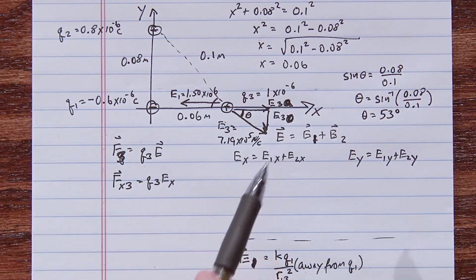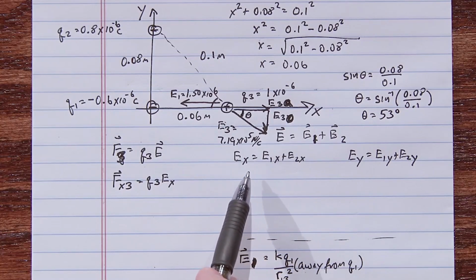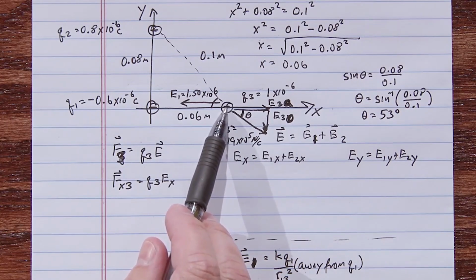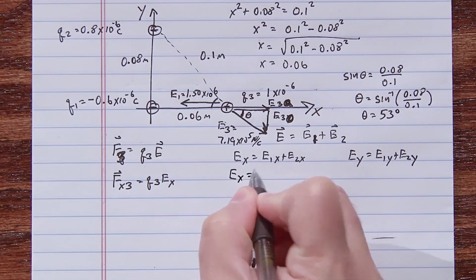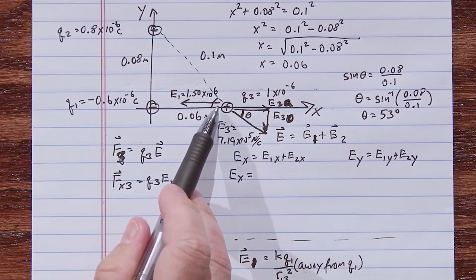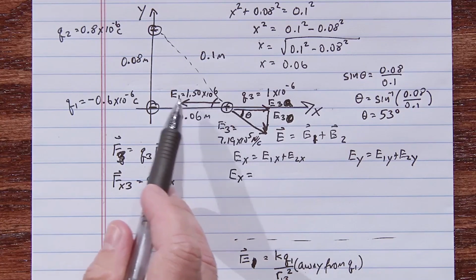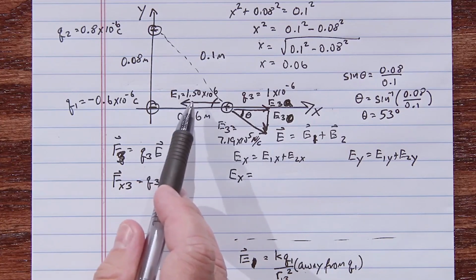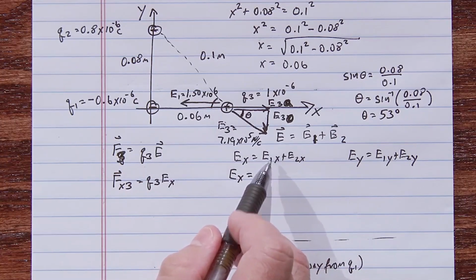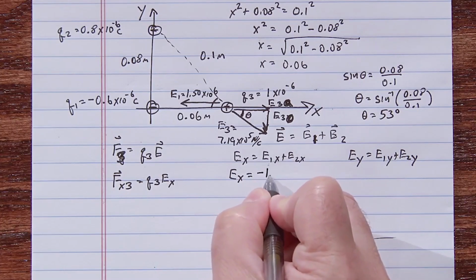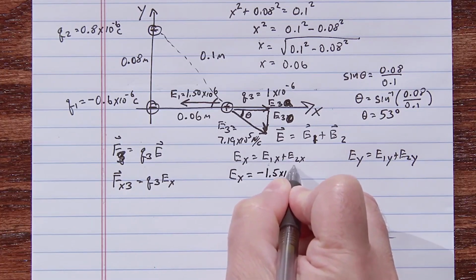So now we know everything we need to know to figure out the total electric field at this point, both the x and the y components. So now we're at the stage of figuring this out right here. And so Ex is going to be the x component from charge 1. This vector right here is completely in the negative x direction, so the x component of the electric field from charge 1 would be negative 1.5 times 10 to the 6.